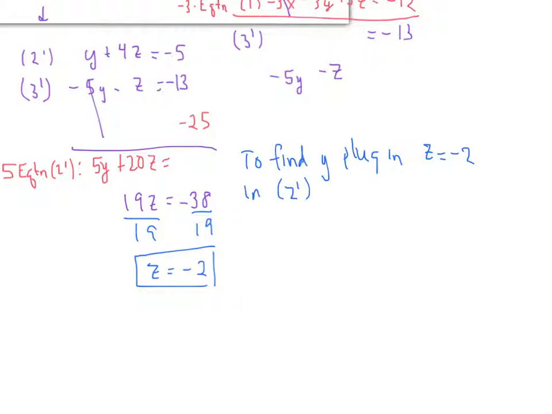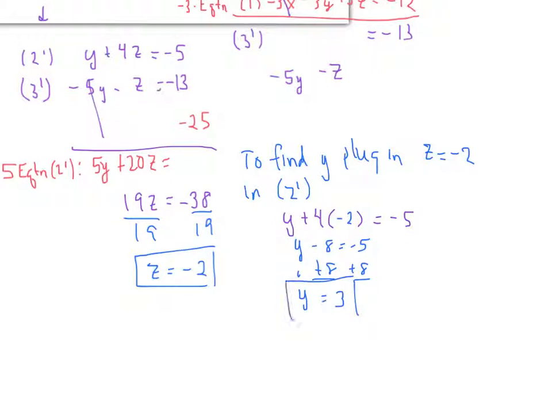What I'll get is y plus 4 times something equals -5, and I'm plugging in the -2, so I get y minus 8 equals -5. When I add 8 to both sides, I get that y equals 3. And so there's another solution.